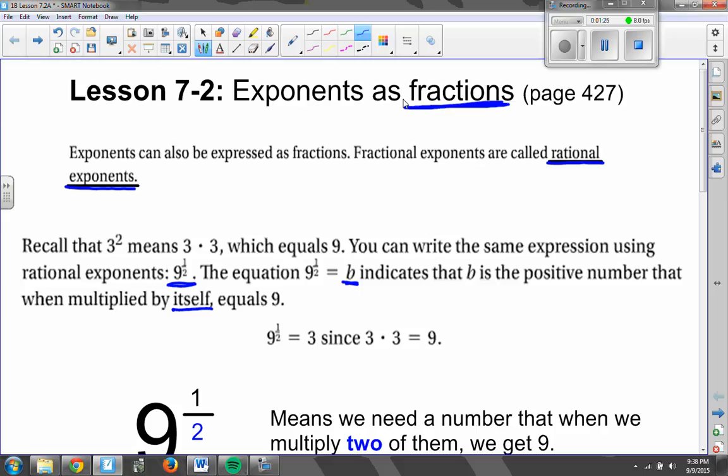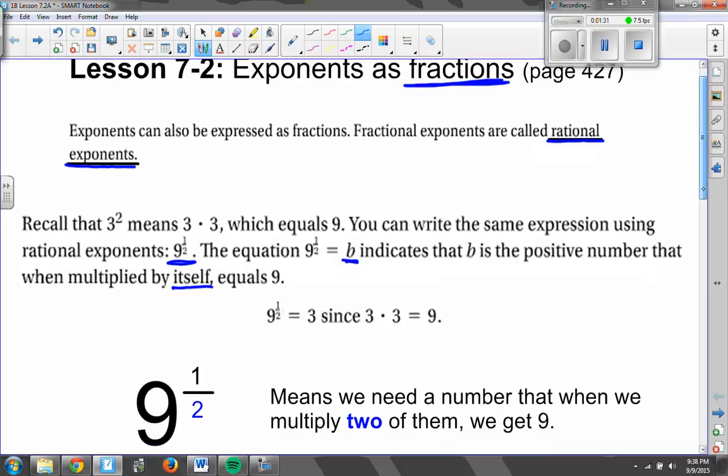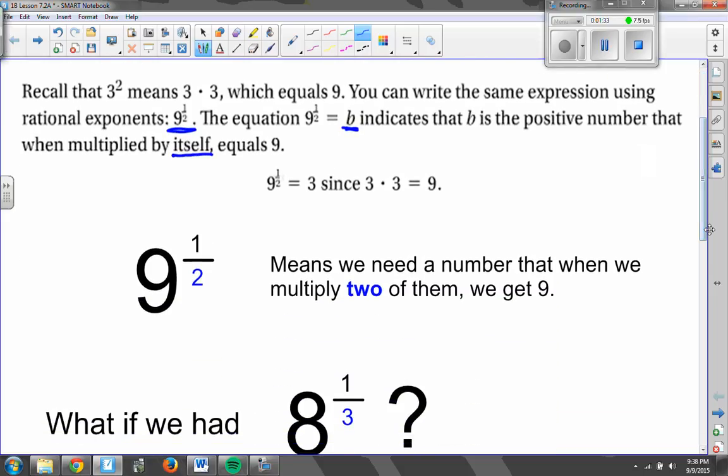I'm going to break that down for you to help you understand why we need it to be 9 to the 1/2 power. What this really means is we need a number that when we multiply two of them together, we get 9. That's what the 2 is doing down here in the bottom of our fraction. That means we need a number that when we multiply it 2 times, we get 9.